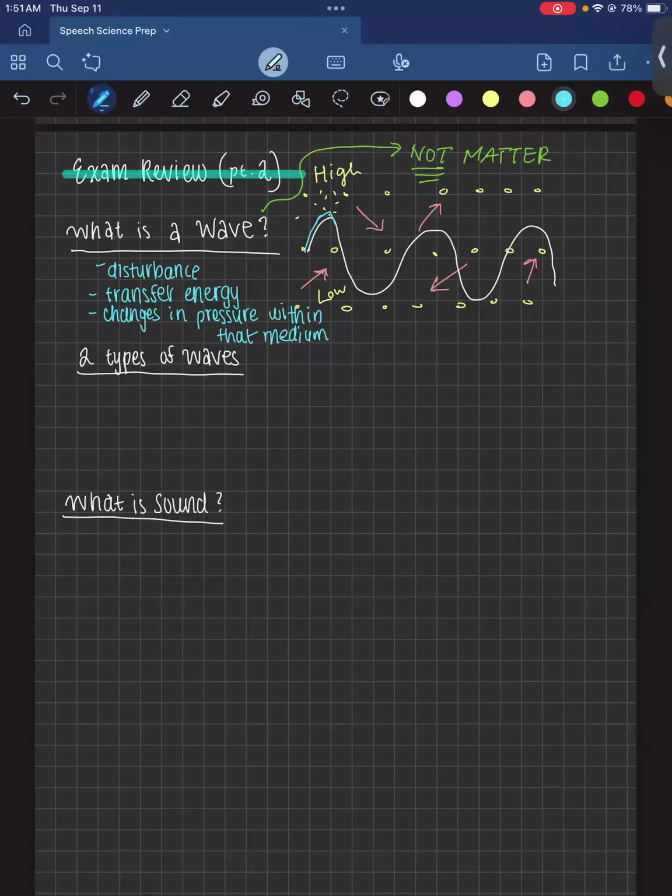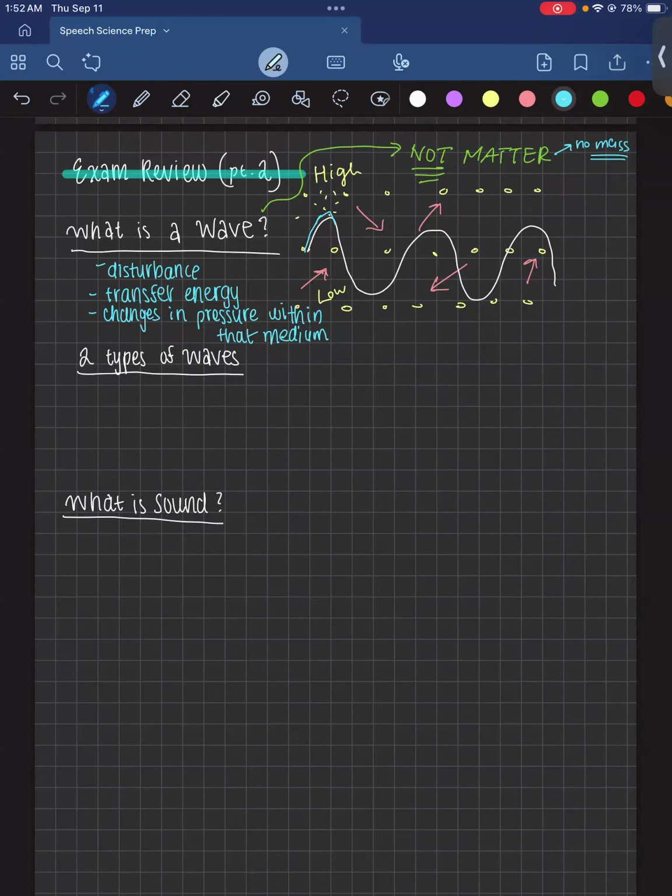And so what that tells us is that there is no mass, there's no volume, there's no other feature that we would associate with matter, although the wave is moving through matter. So it's moving through a medium. It could be a gas, a solid, a liquid, any state of matter. But the wave is more like a form of energy, or it's causing this transfer in energy.